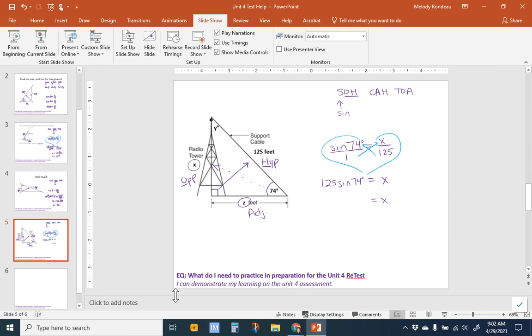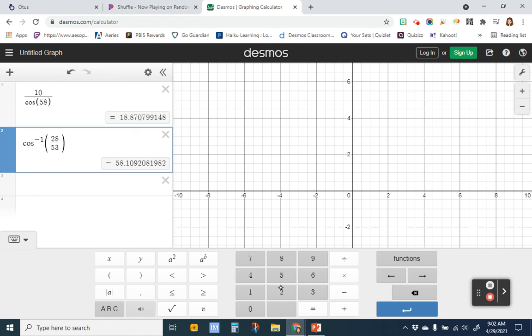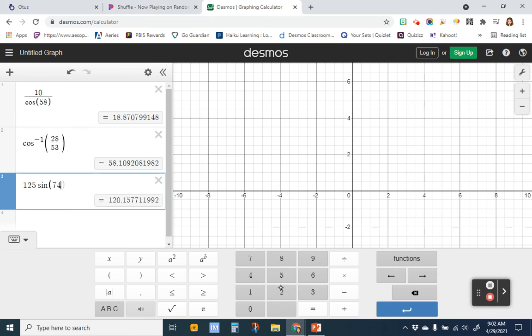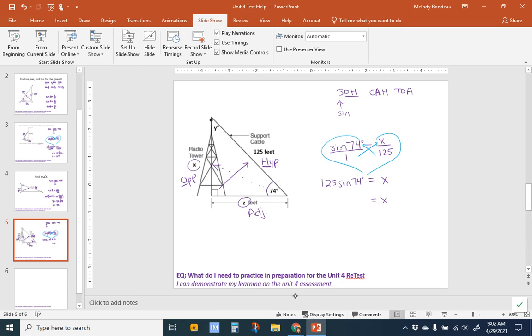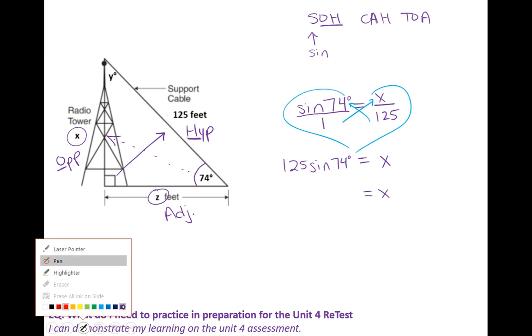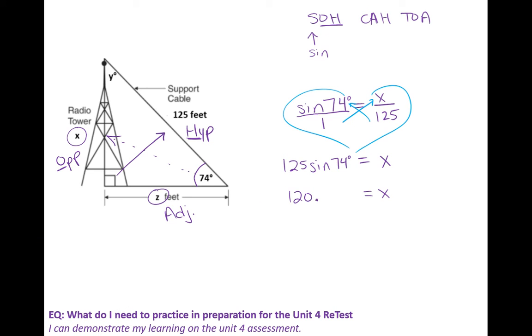I'm going to go back to Desmos, 125. So I have 125, and then my functions, sine 74. And I get 120.157.